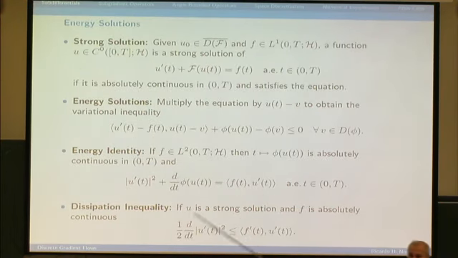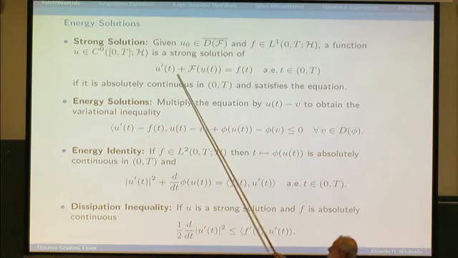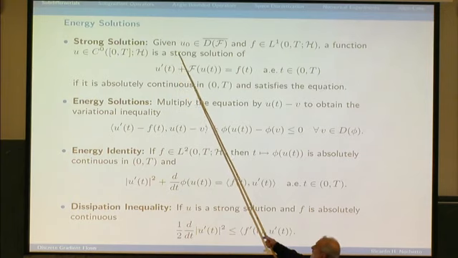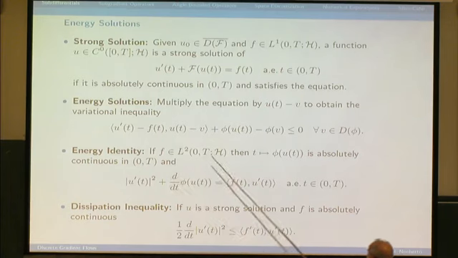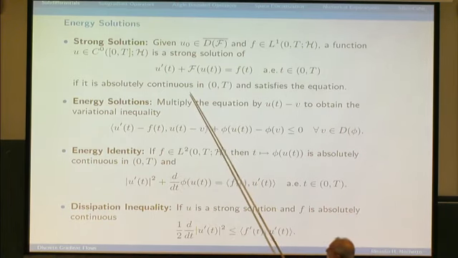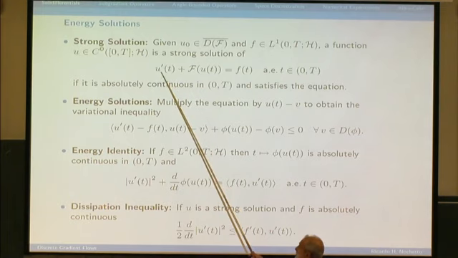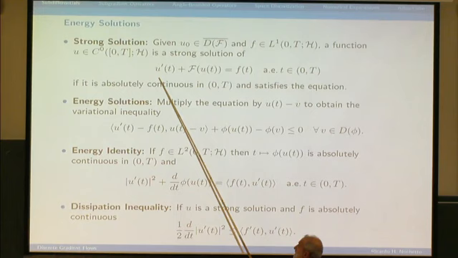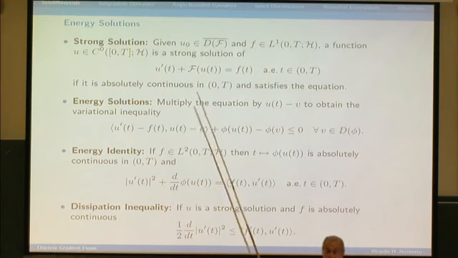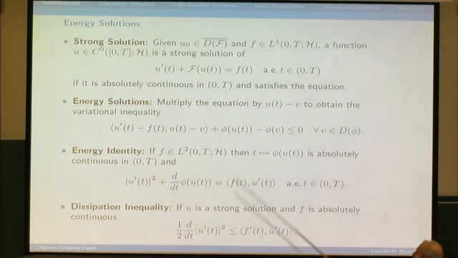So this goes back to the early 70s, when the semi-group theory was developed. So you have the concept of strong solution, which I wrote here. In particular, in this Hilbert space, we are going to assume that the function u is absolutely continuous, so this derivative makes sense almost everywhere.